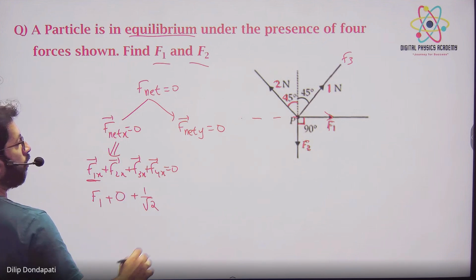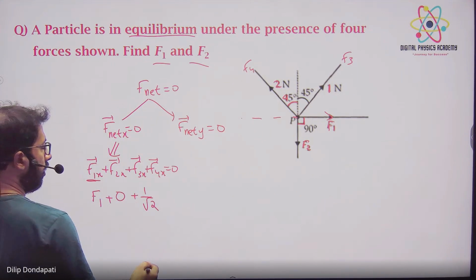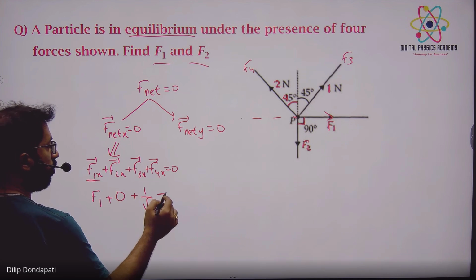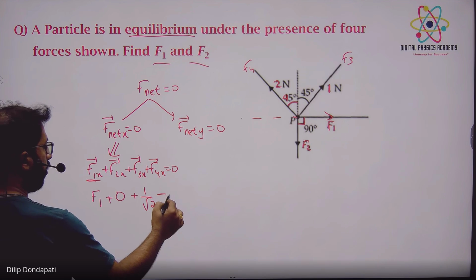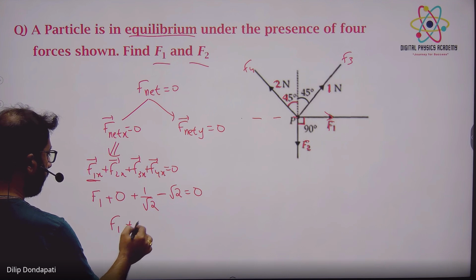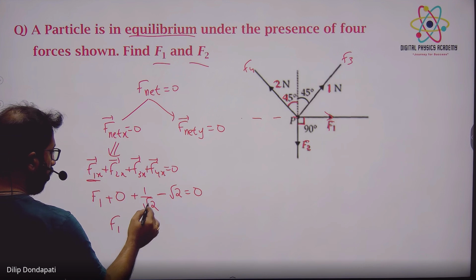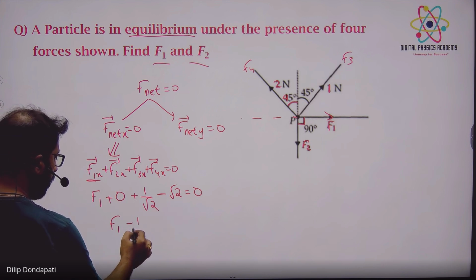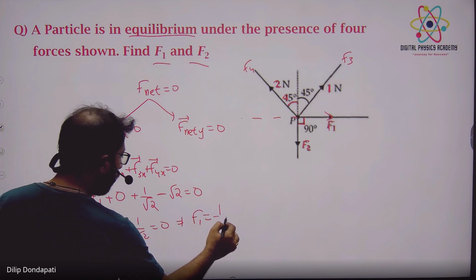Okay, and the x component of F4 will be 2 sin 45 but negative. 2 by root 2 means root 2, so minus root 2 equal to. So F1 plus 1 by root 2 minus root 2 equals 0. Taking LCM root 2, 1 minus 2 is minus 1, root 2 is equal to 0. Therefore F1 is 1 by root 2 Newtons.